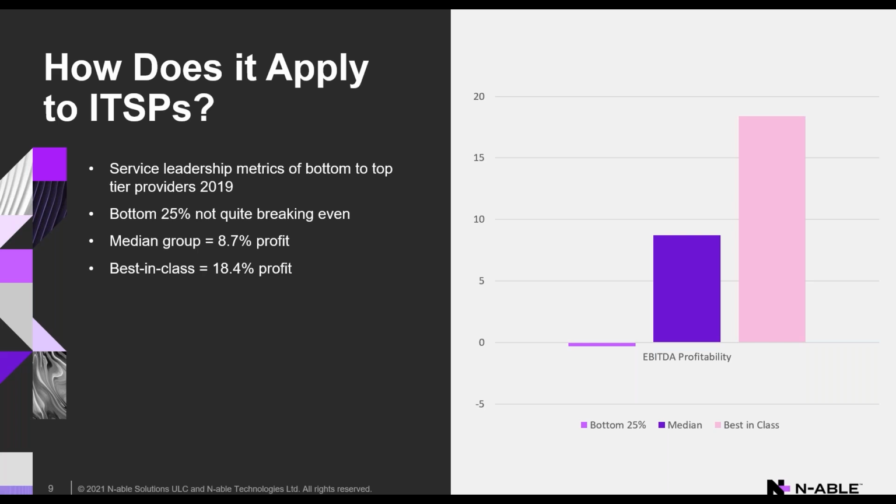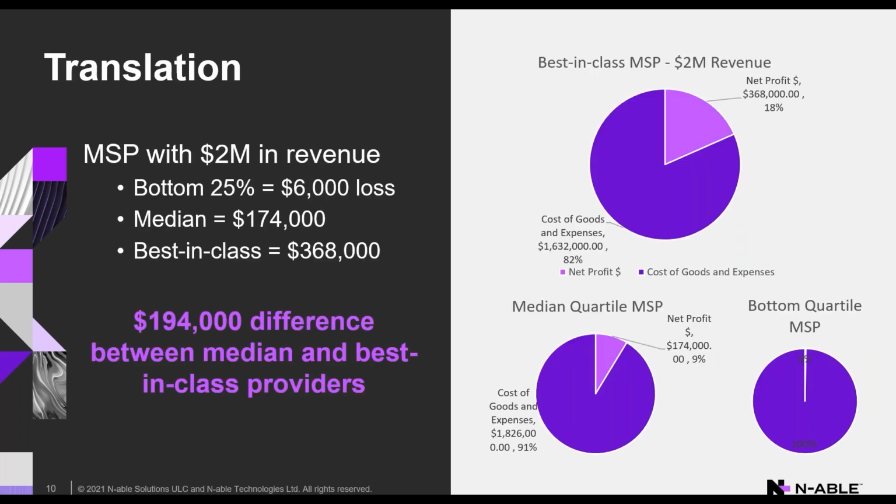But as we go through this presentation, please keep these quartiles in mind as well, because a lot of what we're going to be talking about is going to be designed to push you up a quartile or a group of quartiles, right?